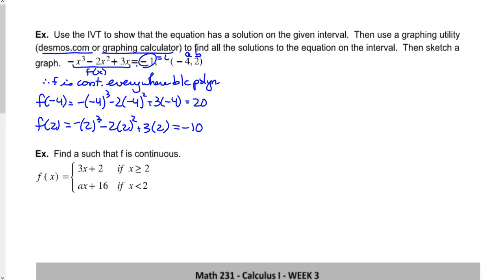So the question is, is L equal to -1 between f of A and f of B? Yes. So L equaling -1 is between f of -4 and f of 2.